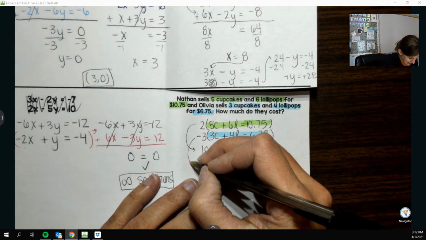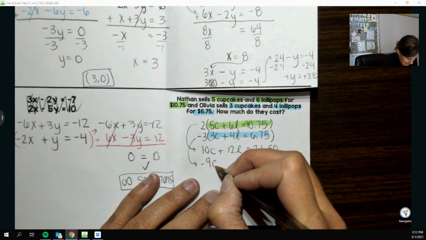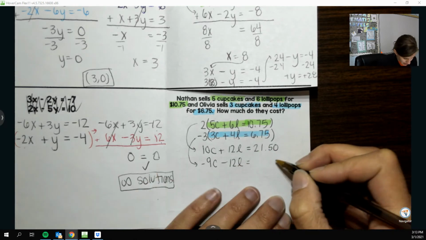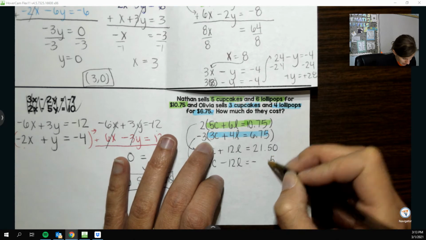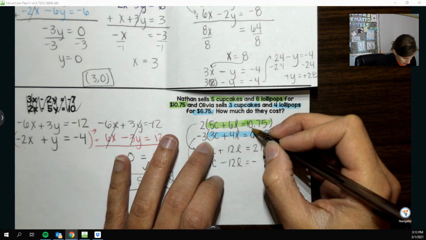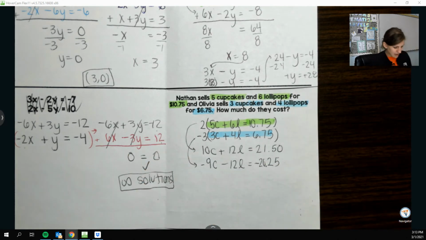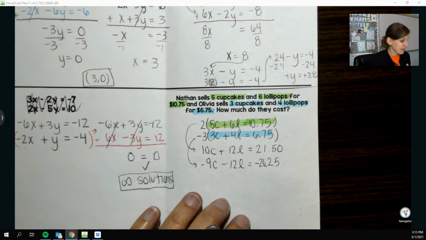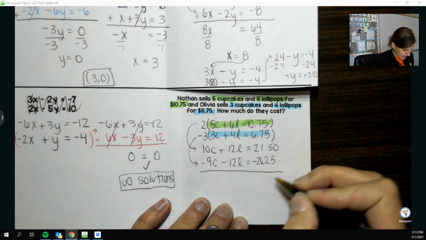And then if I take the bottom equation and times it by -3, it will have -9c minus 12l equals, I just have to multiply this. 3 times 5 is 15. Carry the 1, 2, 21, 18, 20. So 20.25. Oh my goodness, multiplication. And I don't know where my phone is, and my desk is a mess. So we're just going to go with it.